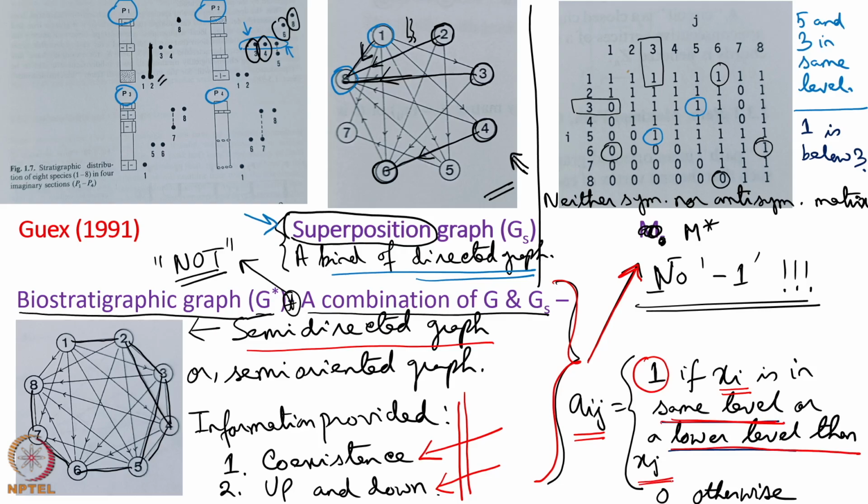What does that mean? 1 and 2 are in the same level, that is why they are joined. So, we can see 1 and 2, here I have given 1, and if I take 1 and 6, here is an arrow, 1 is in the lower level than 6. So, 1 towards 6, this will be plus 1.